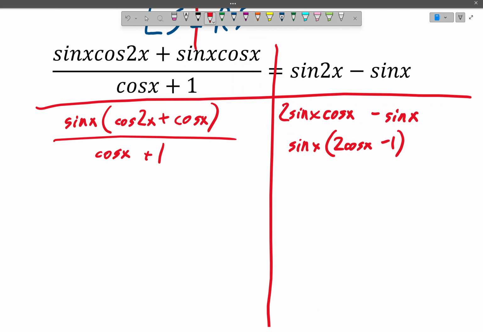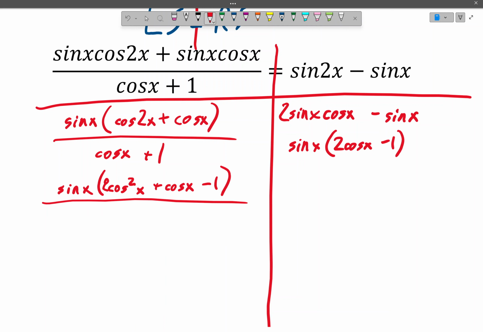Then what we can do is take that double angle identity for cos, but we're going to use the version that is 2 cos squared x and a -1, but we're going to put the cos x and then the -1. And the reason is because now it's in the form of a quadratic, which means we can do PSA 2 on it.